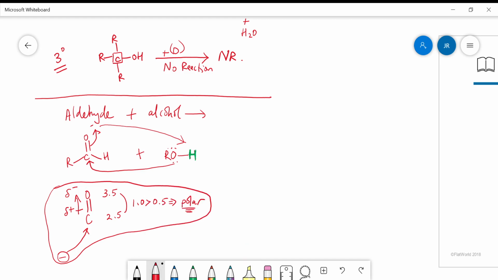So that when our oxygen attacks, we will have R. Let's call this R prime so I can tell it's not this R over here.